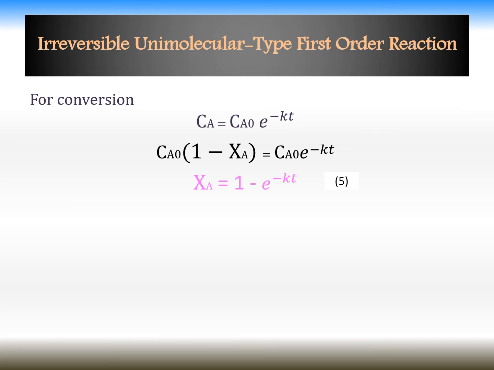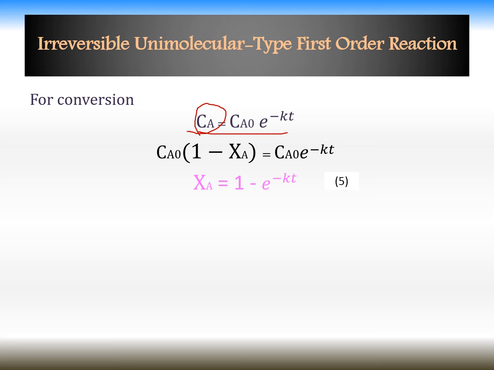If we want to see how much conversion is taking place, we reconsider the equation. We are talking about a constant volume system, so we will replace C_A with C_A0 into 1 minus X_A, which we have derived previously.